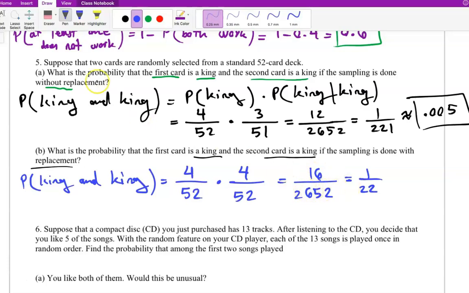So this is 1 over 169, and the answer is 0.006.